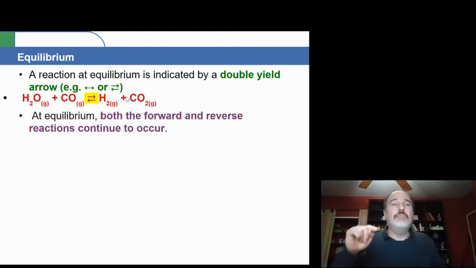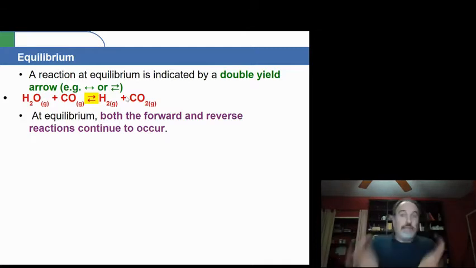Now, another thing to keep in mind, and this is something that people don't quite get sometimes, at equilibrium, both the forward and reverse reactions continue to occur. Even though from the outside they look like they've stopped, they haven't. They are still occurring. All right.